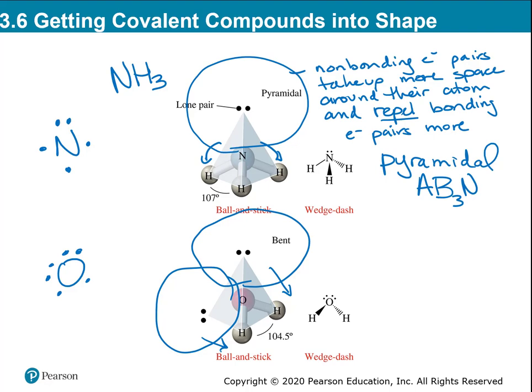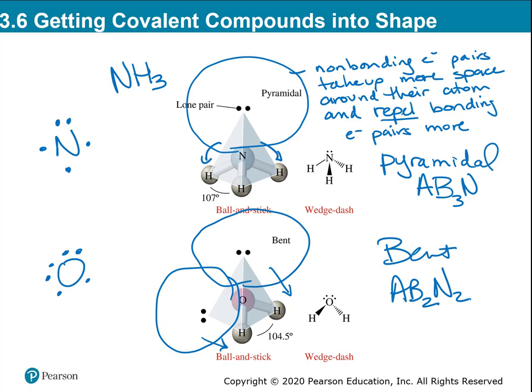So if oxygen has 2 single bonds, what's its B? It's AB2 because it's always got 2 groups connected to it. This one's the bent. It's got AB2, but then how many non-bonding pairs? 2.